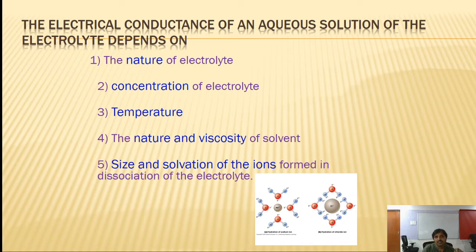So the nature of the electrolyte means especially that ionic substances dissolved in the solution conduct electricity to a greater extent. Polar molecules dissolved in the solution conduct electricity, but non-polar molecules are unable to conduct electricity.